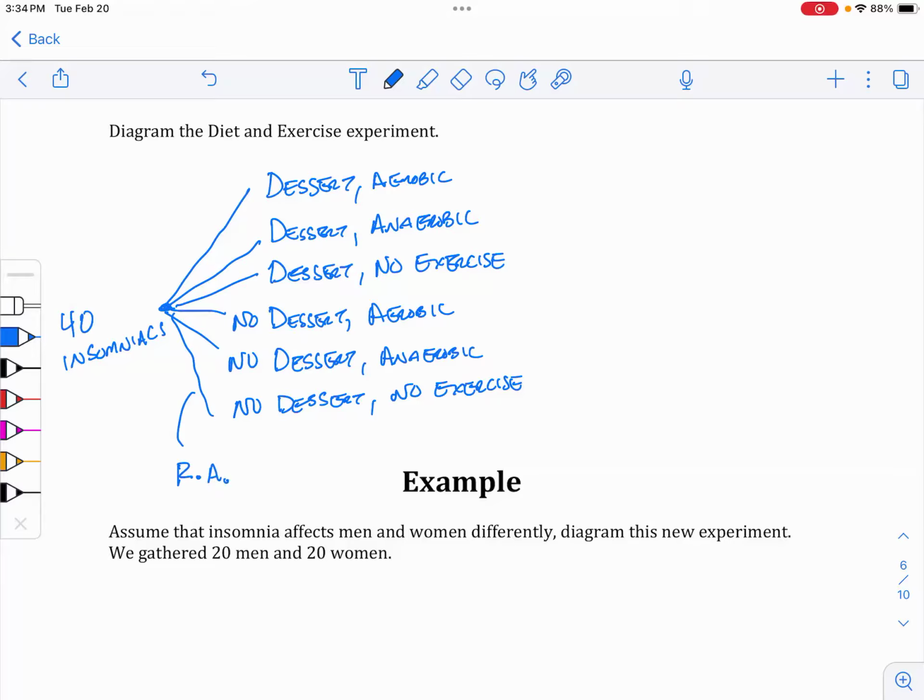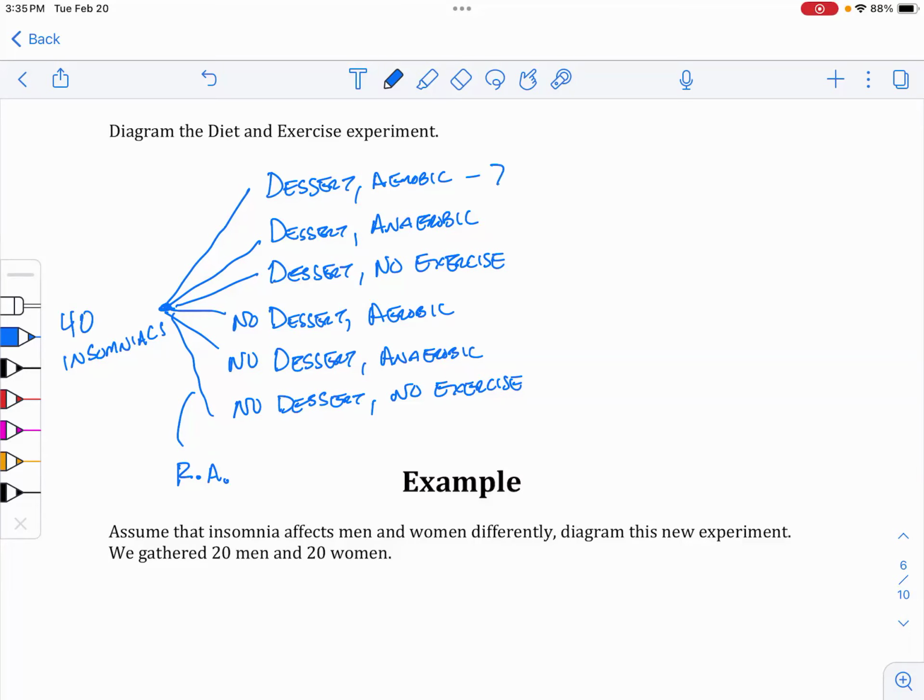Okay, RA, random assignment. I'm going to come back to this in a minute because that's actually the biggest part of this diagram. Basically, we start with 40 insomniacs. We randomly assign them into the groups and break them up as evenly as possible, assigning a number of people to each group. So 36 divided by 6 is 6, so a couple groups with 7. It doesn't actually matter. It doesn't have to be matched up.